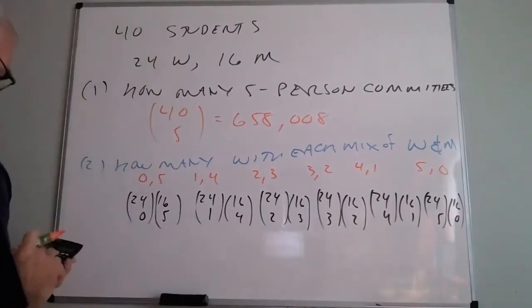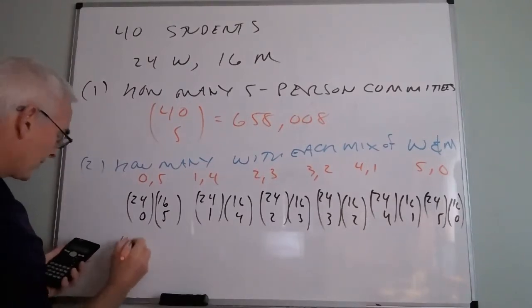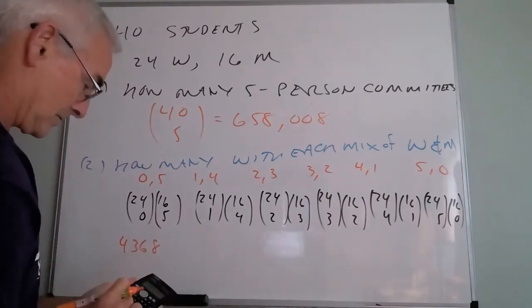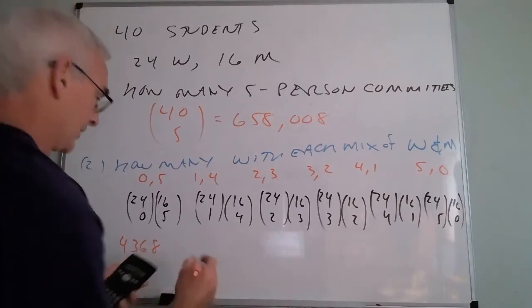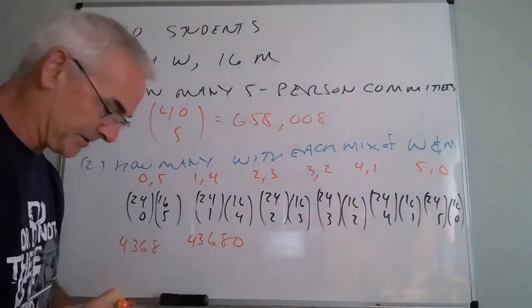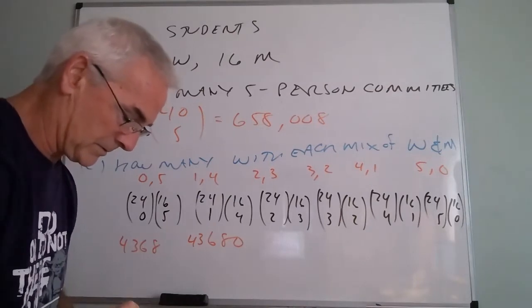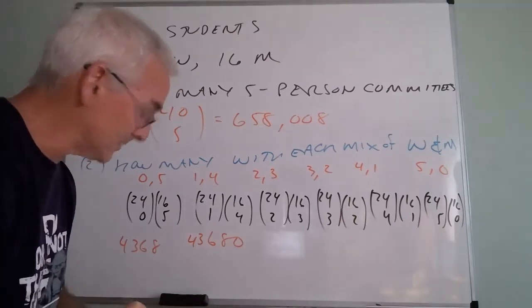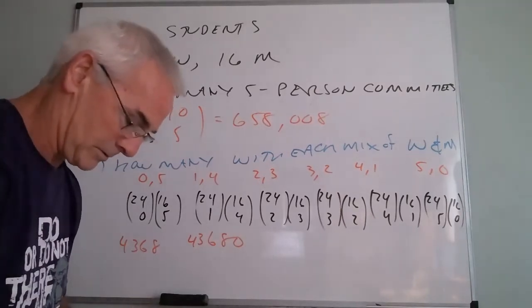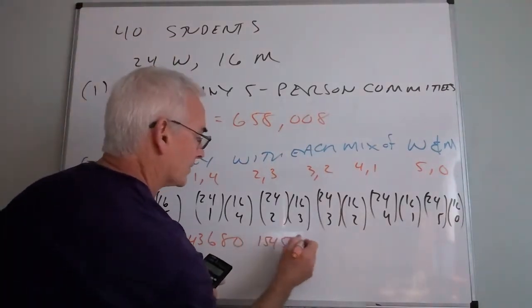So in the first case, this would be 4,368. Now in the second case, again, any cheap calculator, this is easy to do. 43,680. In the next case, my fat fingers, try that again, 24. That's big, it's 154,560.